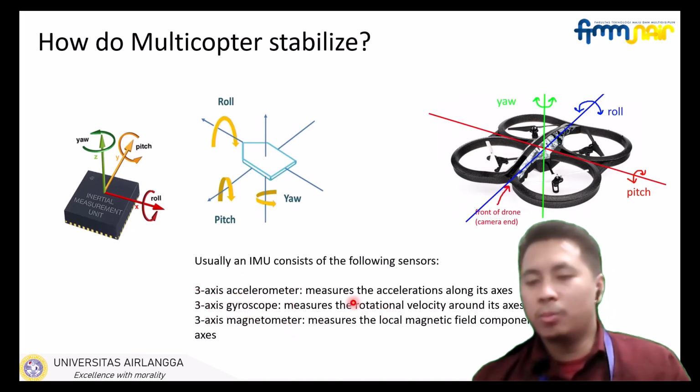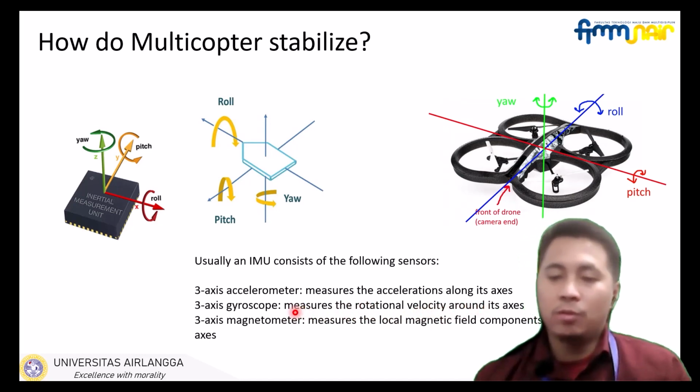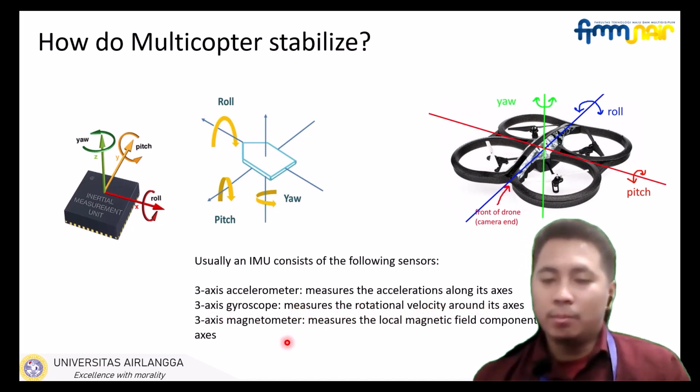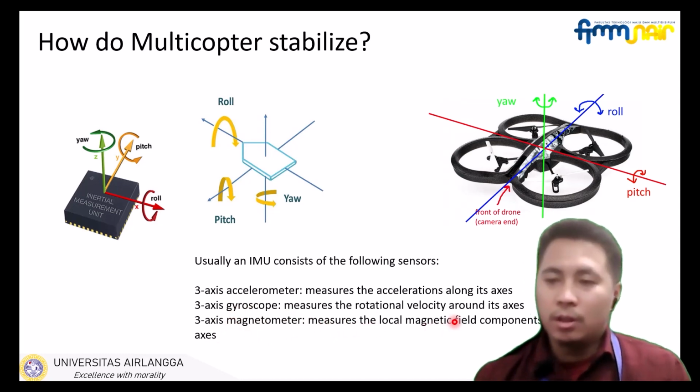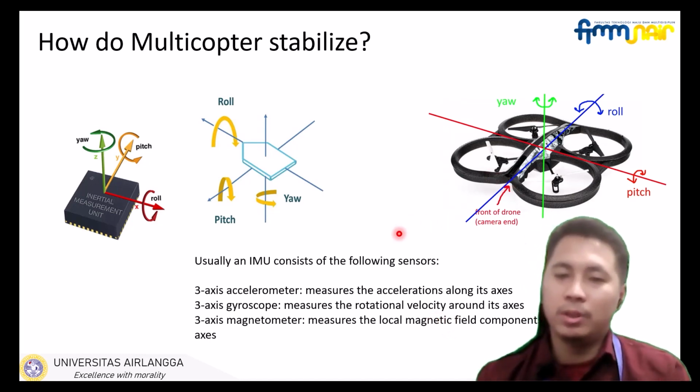The accelerometer measures acceleration along its axis, the gyroscope measures the rotational velocity around its axis, and the magnetometer measures the local magnetic field, so it can distinguish which direction the drone is heading.